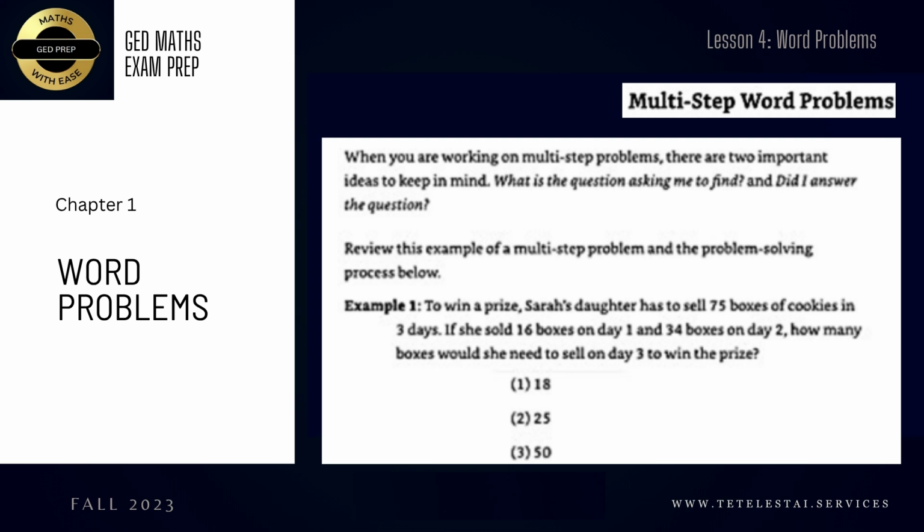And when you're working on multi-step problems, there are 2 important ideas that you want to keep in mind, right? The first one is, again, what is the question asking me to find? And the second idea is, did I actually answer the question, right?